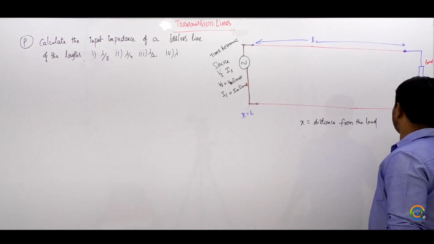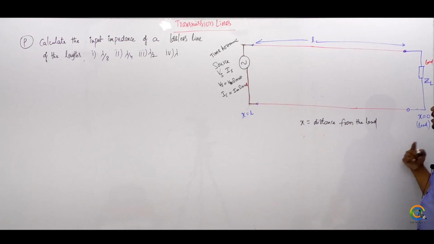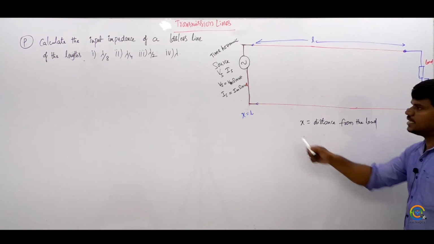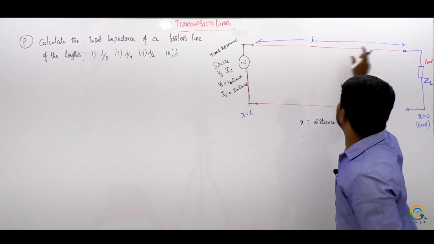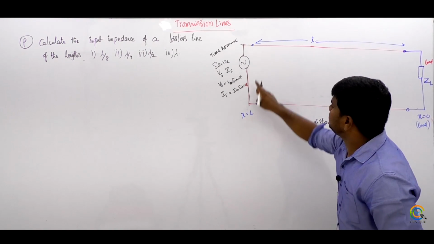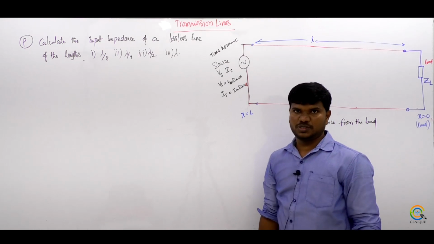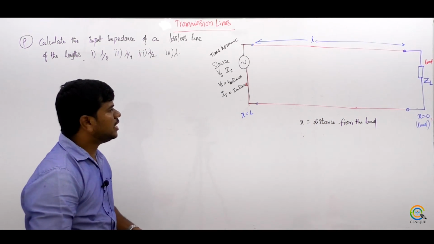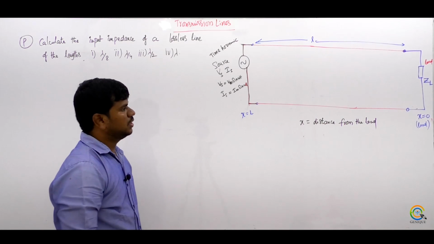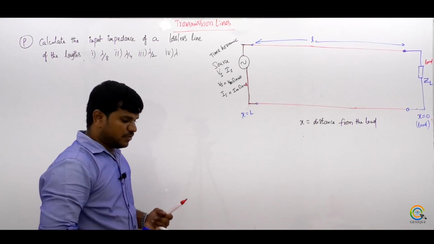If x equals to 0, we are calculating at the load only. At x equals to L, which is the length of the line, we are calculating at the input, at the source. So this much is enough.